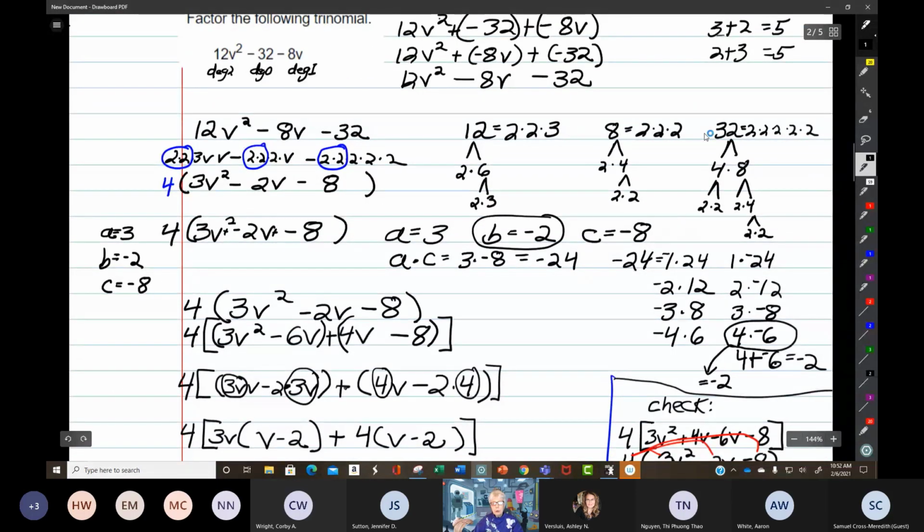And sometimes you have to go to a lot of trouble to figure it out. Sometimes you can just look at it and see what the GCF is. But it's got to be the biggest, the greatest common factor. So 2 would not have been correct because 4 is bigger than 2, and 4 goes into each of these numbers. You've got to choose the biggest common factor.